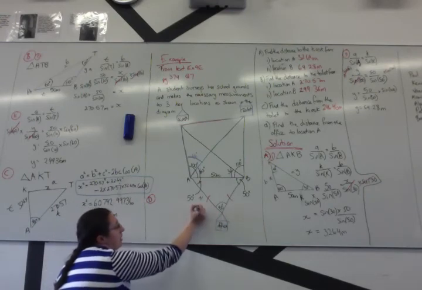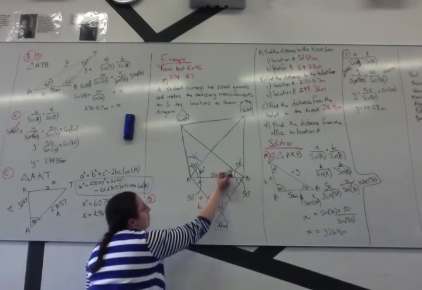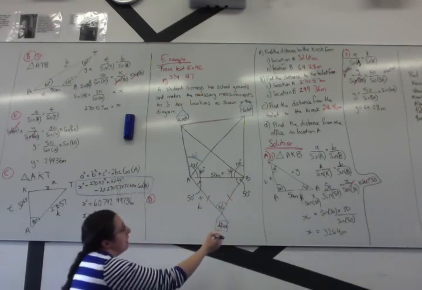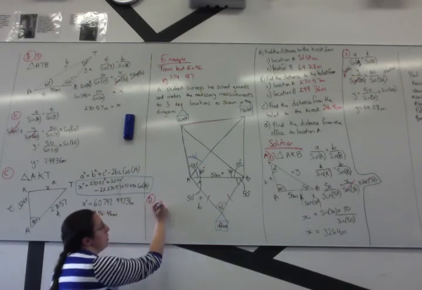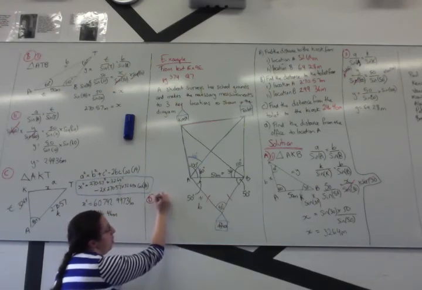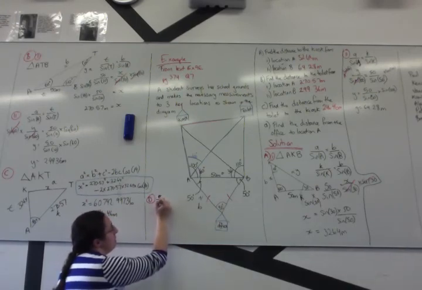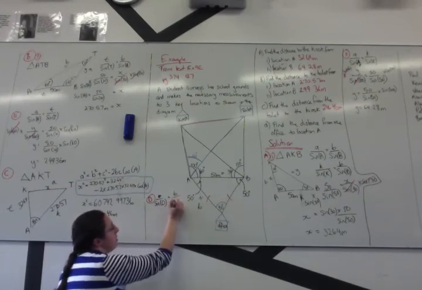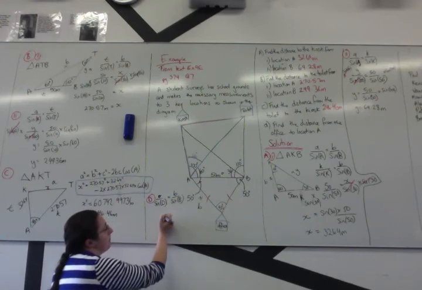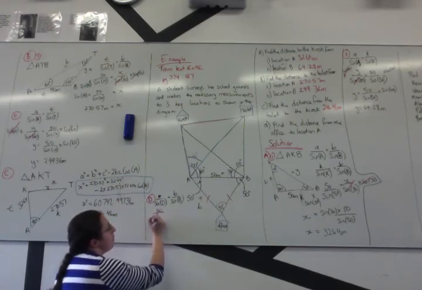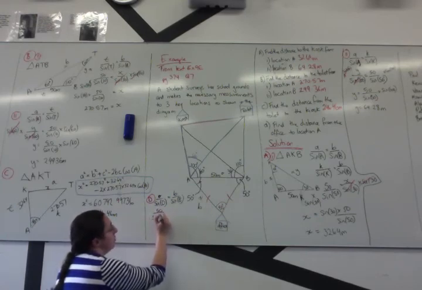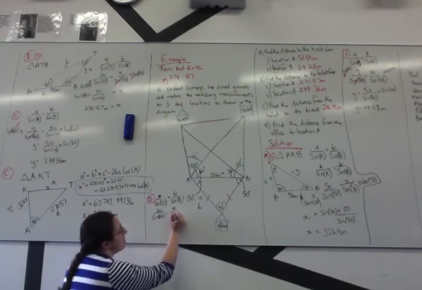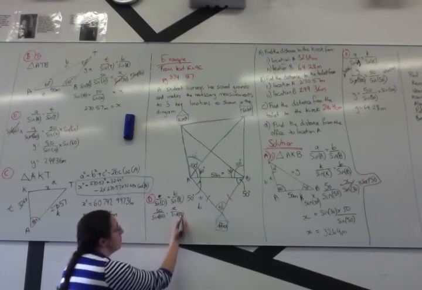You've got little b, you've got little o, and you've got everything you need now. So that means that o over the sine of o is equal to b over the sine of b. 50 over the sine of 80 is equal to x over the sine of 50.